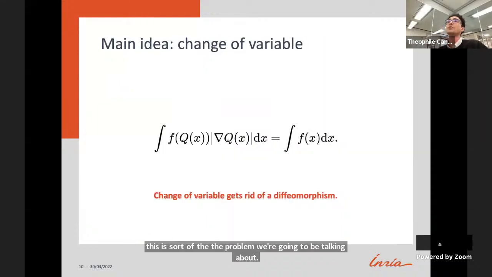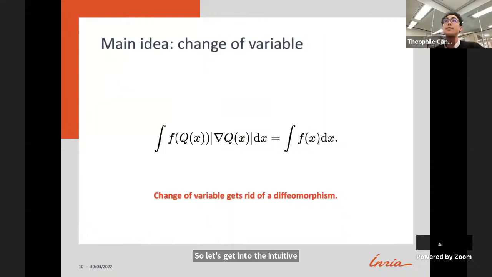So let's get into the intuitive and informal derivation of how this distance is built. The main idea is to use the change of variable formula. I'm sure you are all familiar with this formula.